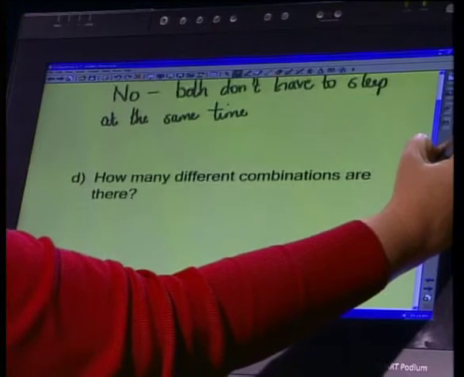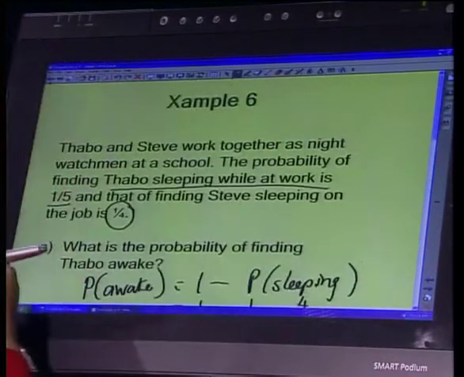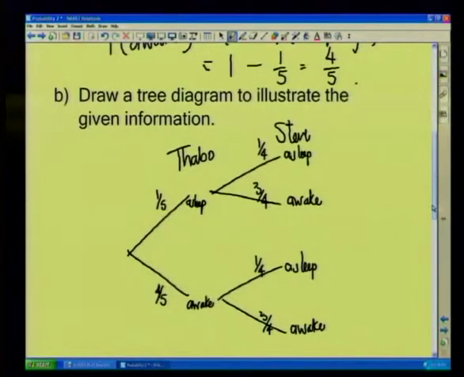Right, how many different combinations are there? Okay, let's go back to our tree diagram and have a look. So we can either have Tabo asleep and Steve asleep, or Tabo asleep and Steve awake, or Tabo awake and Steve asleep, or we can have them both awake.